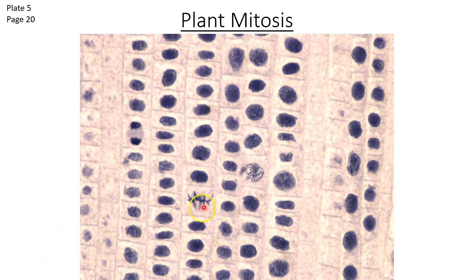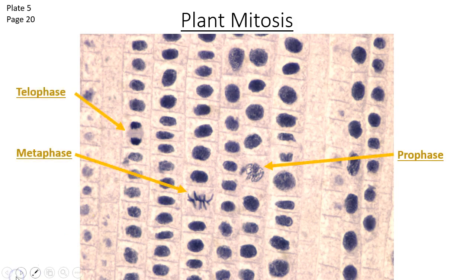So this right here would be metaphase, because they're all in the middle and they made a line, right? This right here would be a prophase, I believe. Telophase right here. See, because we're forming a cleavage furrow, you're starting to see two different cells, right?